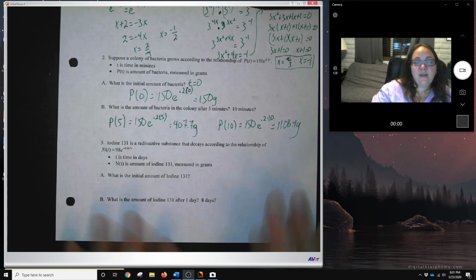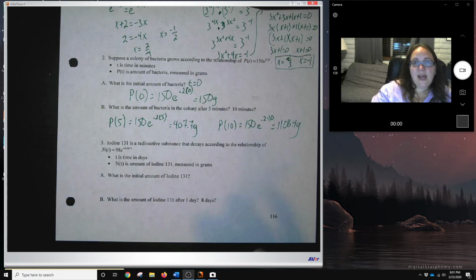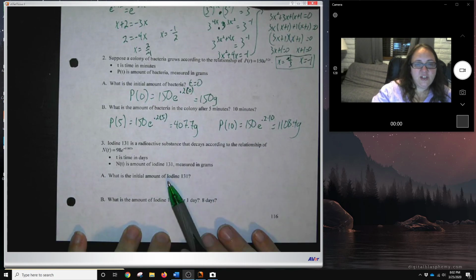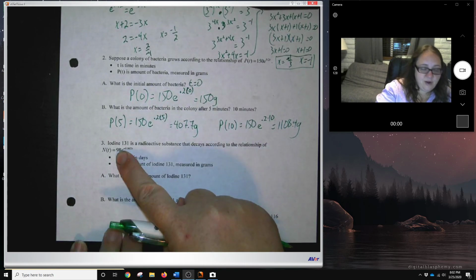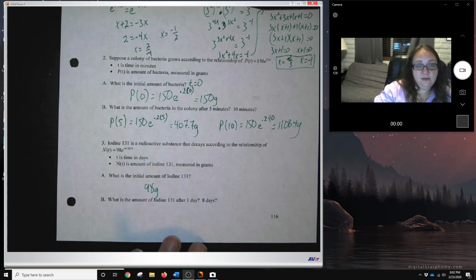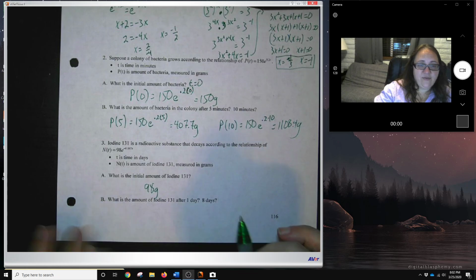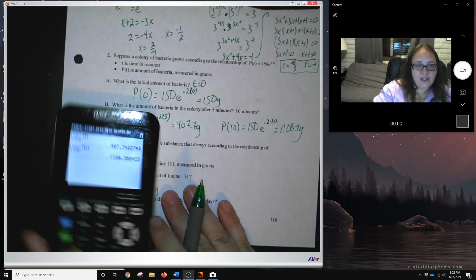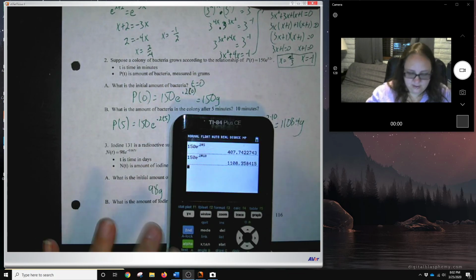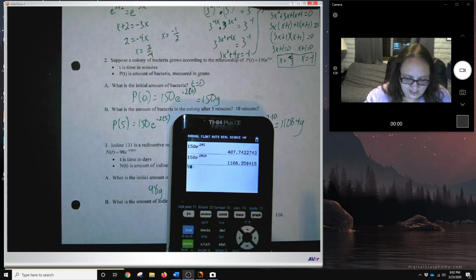So now is another time when I'd like for you to pause the video, try the last one, and then when you're done, unpause. So like I mentioned before, initial amount is always going to be the number in front. So the initial amount here would be 98 grams. And then after 1 day, you would have 98 e to the negative 0.067 times 1.